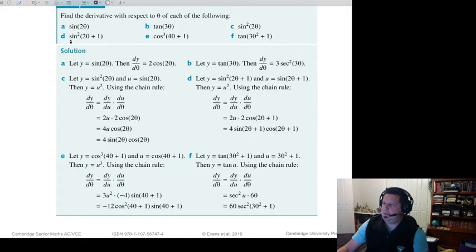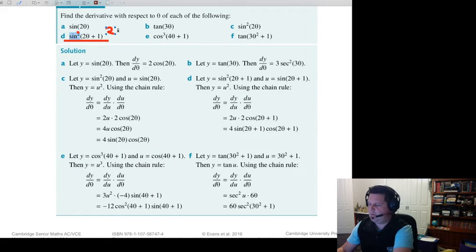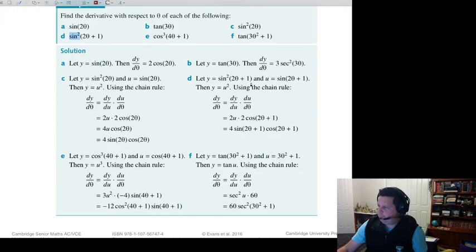Which one were we up to? Oh, this one here, sine squared 2 theta plus 1. Again, it's the same sort of difference here. You're going to have u squared, but that 2 is not really there. It's just written there, that's squared. So given it's u squared, the u part is going to be sine 2 theta plus 1, and the other part is going to be y is equal to u squared.